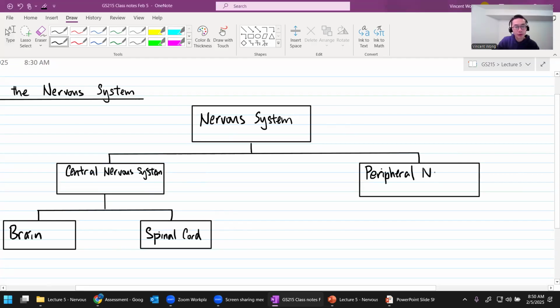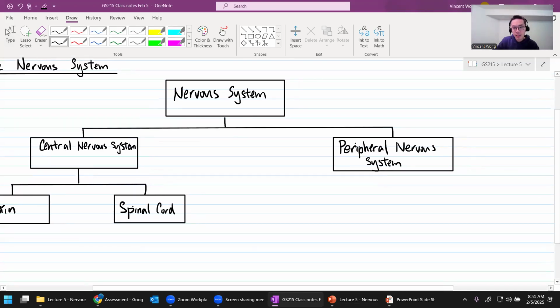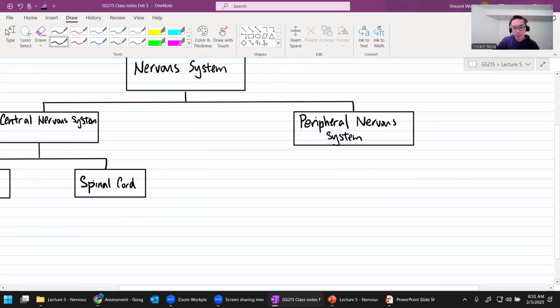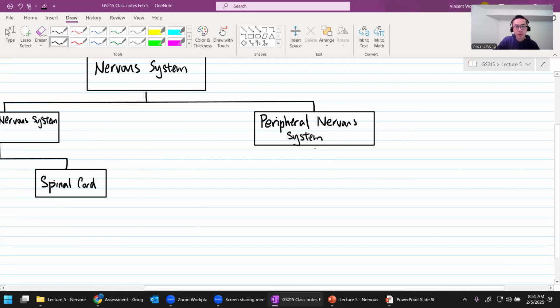Over here, we have the other branch of the nervous system. This is the peripheral nervous system. Now, we're going to divide this up a couple of times. The peripheral nervous system is going to have two divisions, two branches.